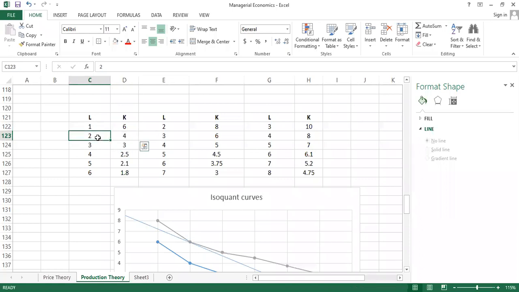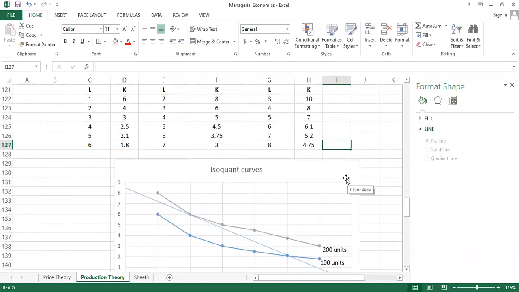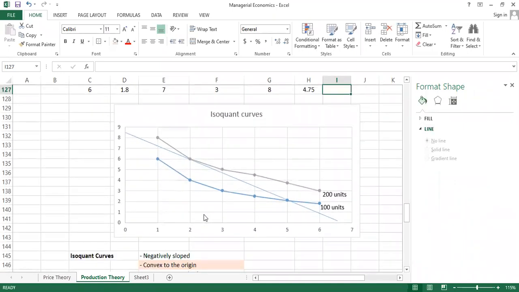But when you increase labor from 2 to 3, the capital can be reduced only from 4 to 3. I applied that concept here, but didn't discuss it in detail. That is why we get a curve like this.